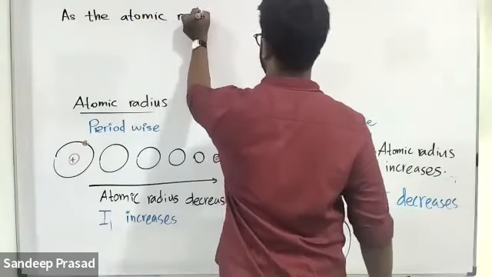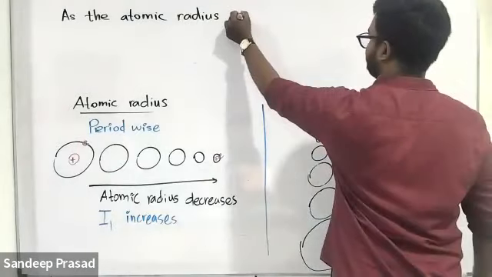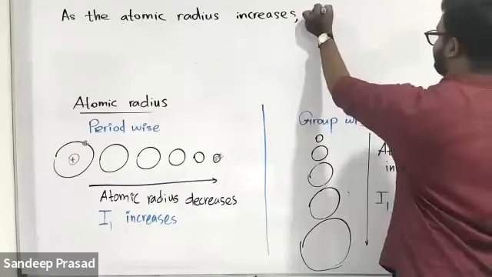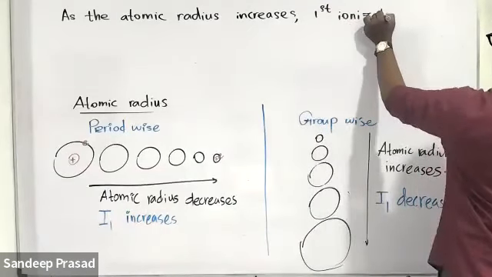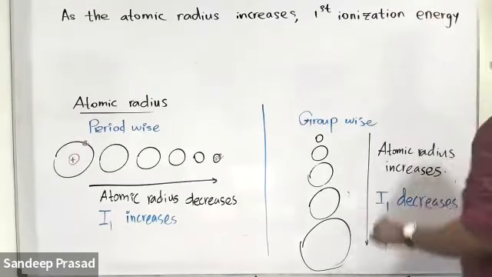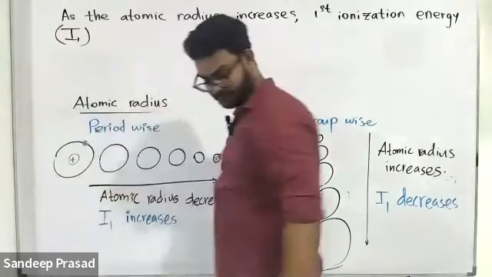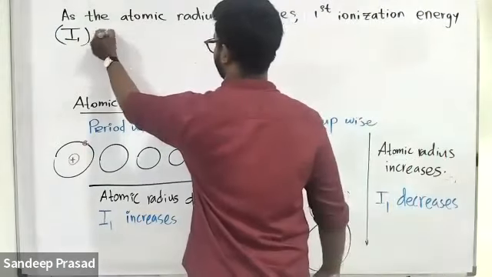As the atomic radius increases, first ionization energy, if not, we can say I1, first ionization energy, decreases.